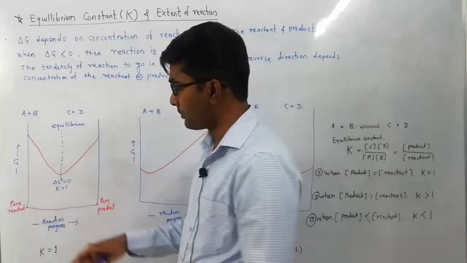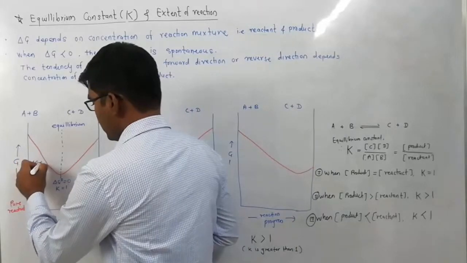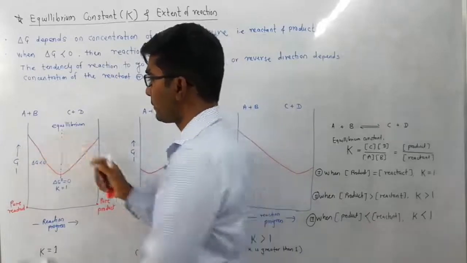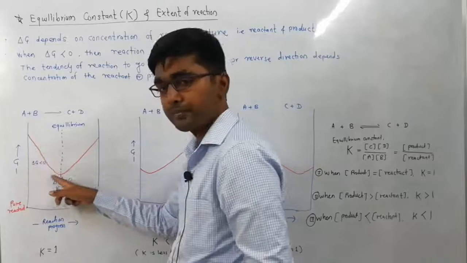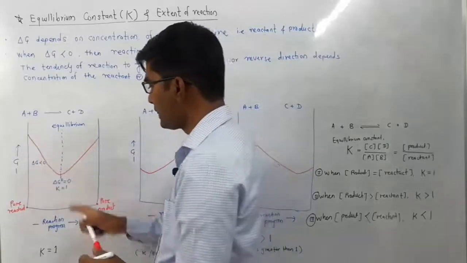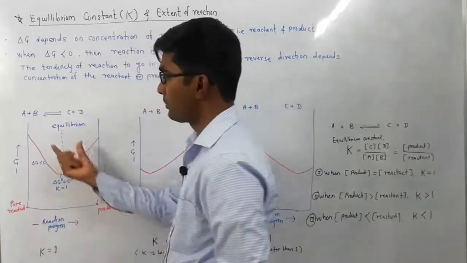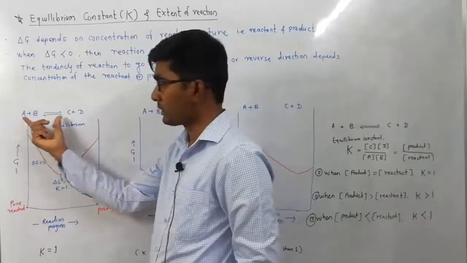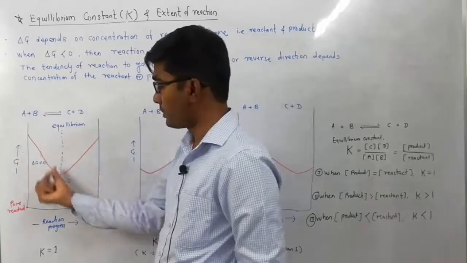Along this line, the free energy decreases, or we can say this is delta G less than 0. Therefore, the reactants get converted into the product along this line, and at this point there is the complete formation of the equilibrium. So we can say that the concentration of product and the concentration of reactants remain the same with time.